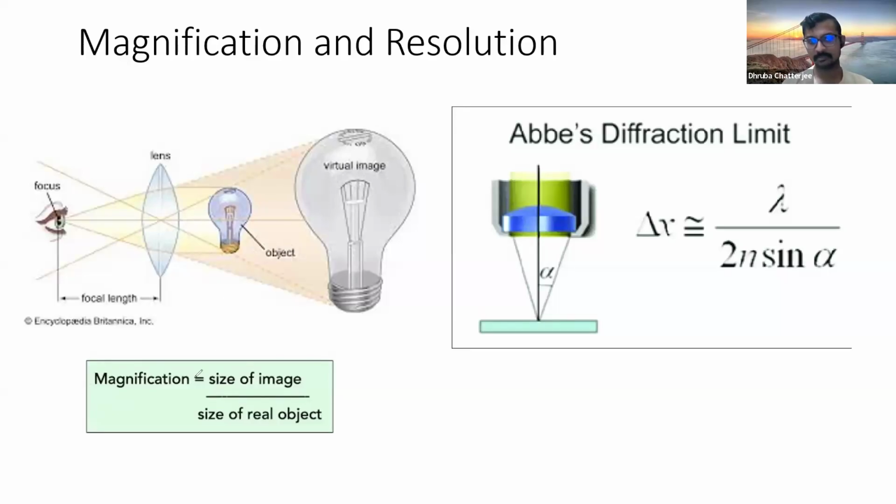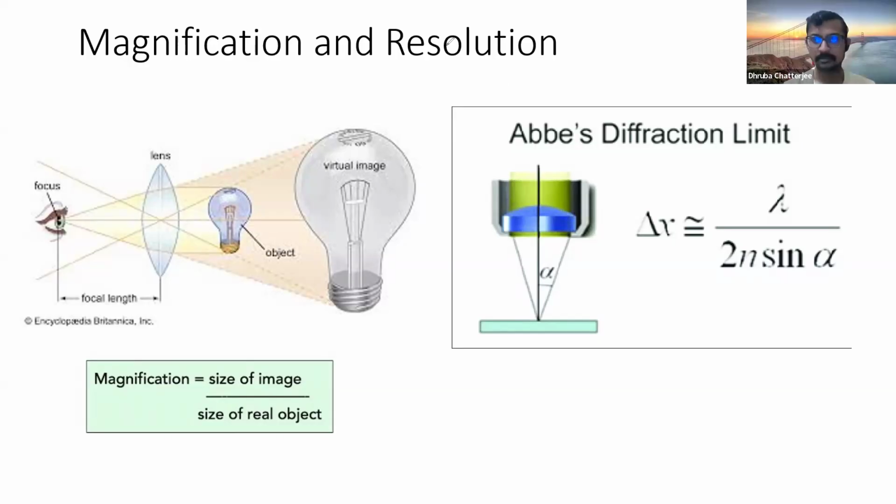The formula can be described as an equation: magnification is equal to size of image divided by the size of the real object. However, just magnification sometimes may not help if you do not have the resolution.